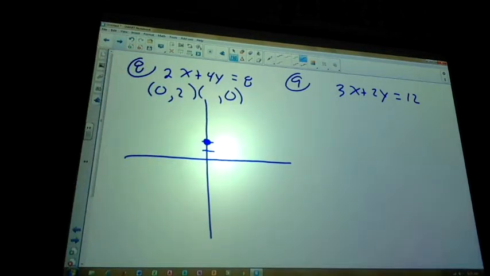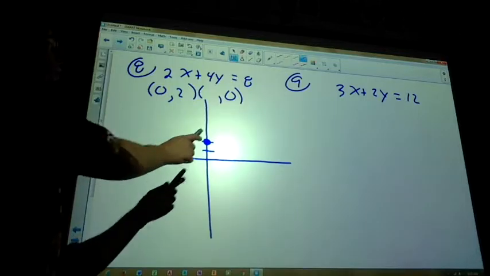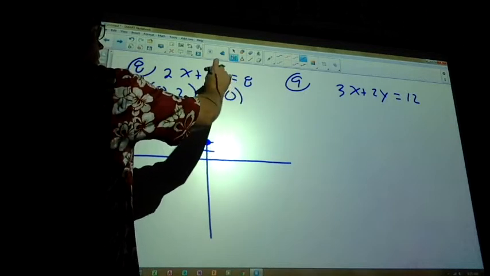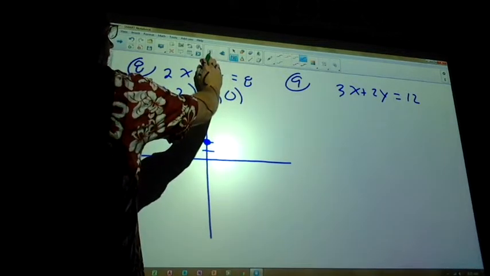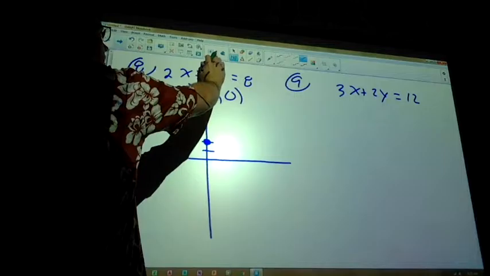Agree? So again, I'm going to use the cover method. So I'm going to plug in 0 for, in this case, y. So I'm going to cover this up. So I get 2x equals 8. So x equals what? 4.